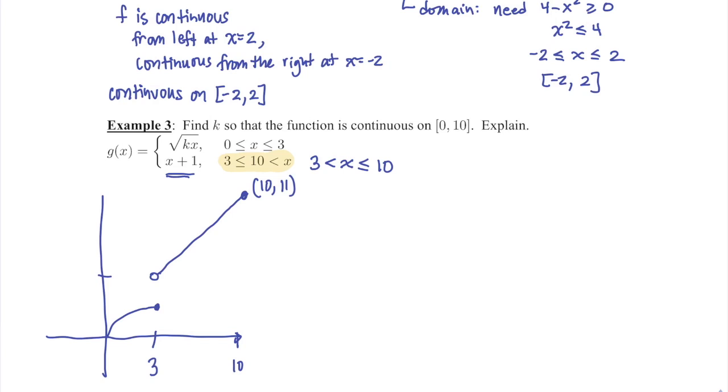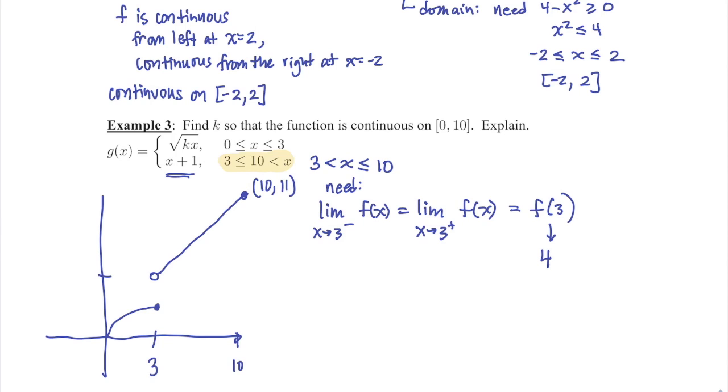If we think about limits here, what we want is the limit as x goes to 3 from the left equal to the limit as x goes to 3 from the right. And both of them to be equal to f of 3. F of 3 we already computed, that's 4, right?